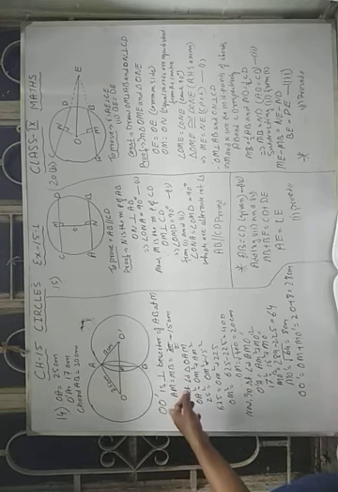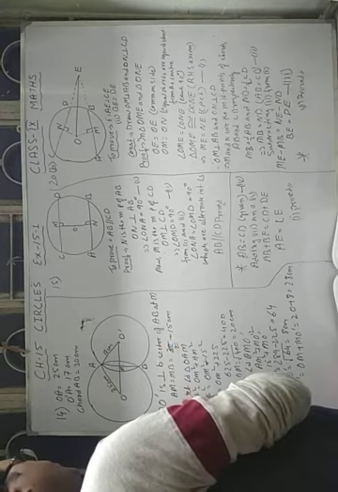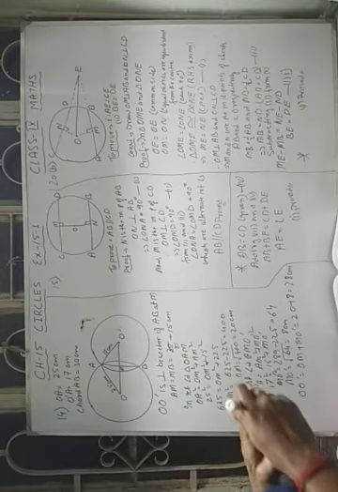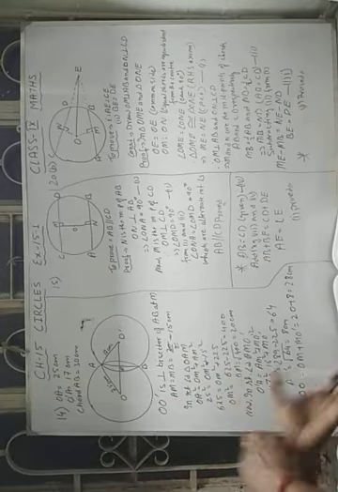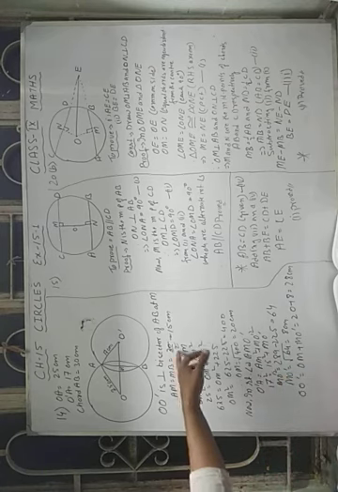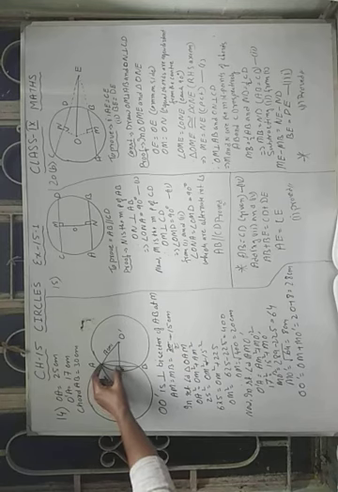So we can write that OO dash is the perpendicular bisector of AB at M. So AM is equal to MB. AM is equal to 30 by 2, that is 15 centimeters. This portion AM is 15 and BM is also 15.